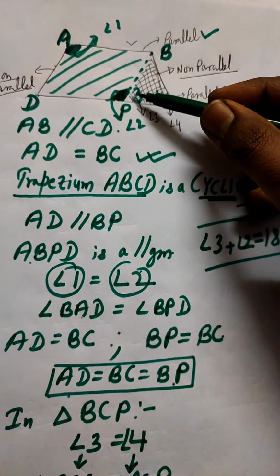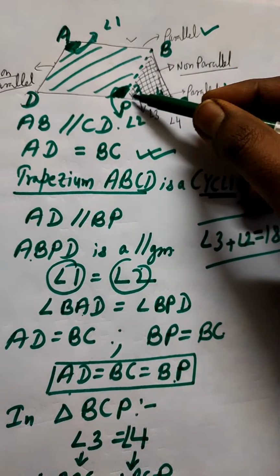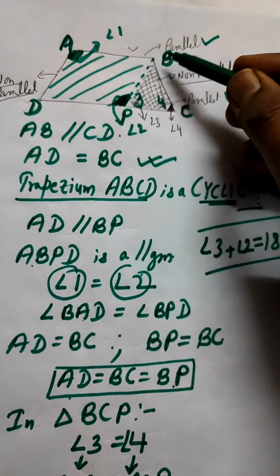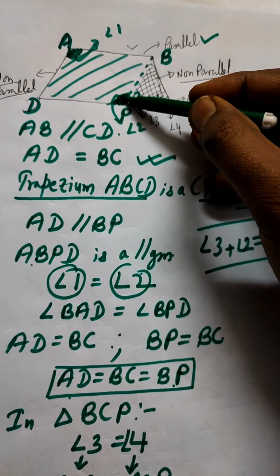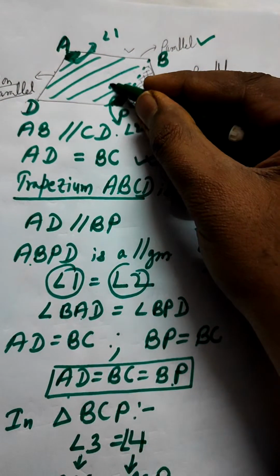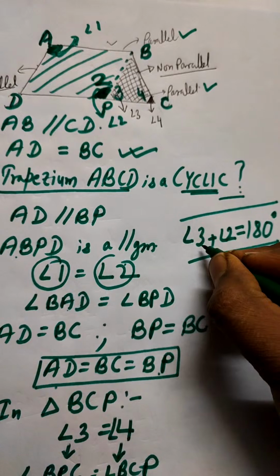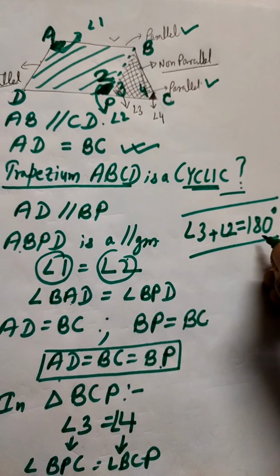See here, angle 3 is the angle BPC and angle BPD is angle 2, this one. So 2 plus 3 will be 180 degrees.